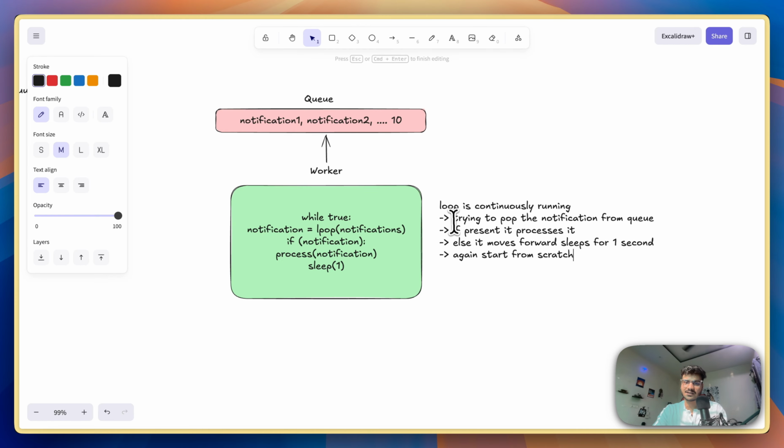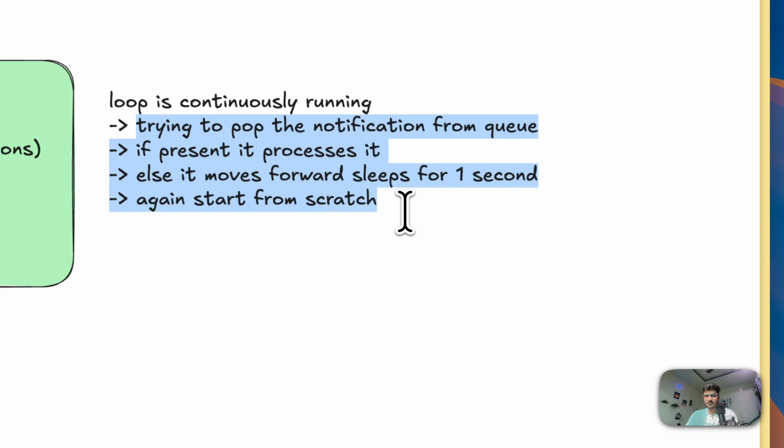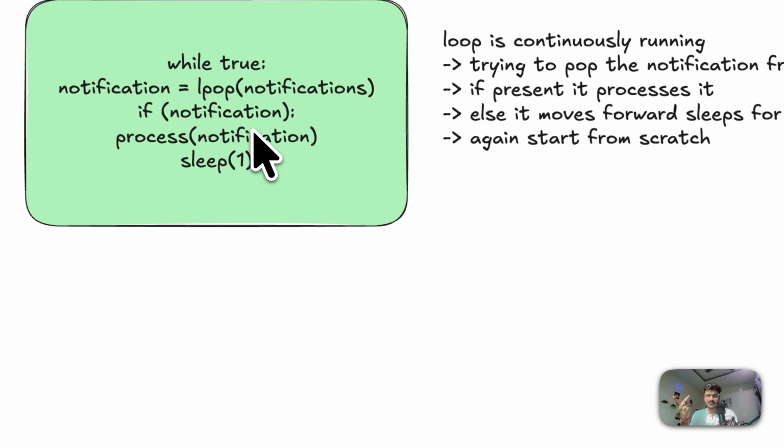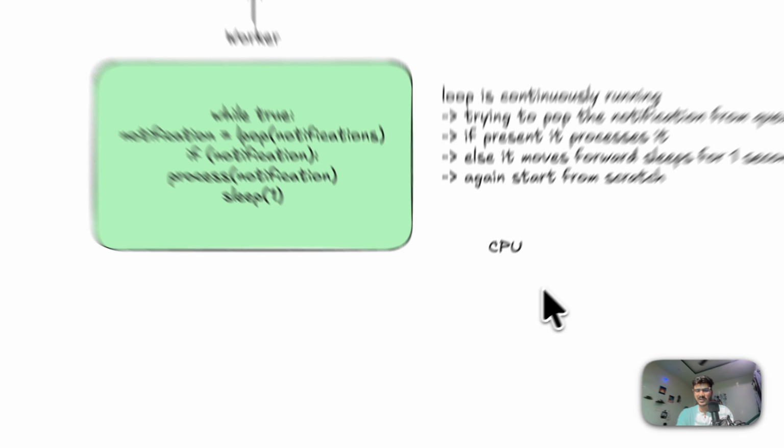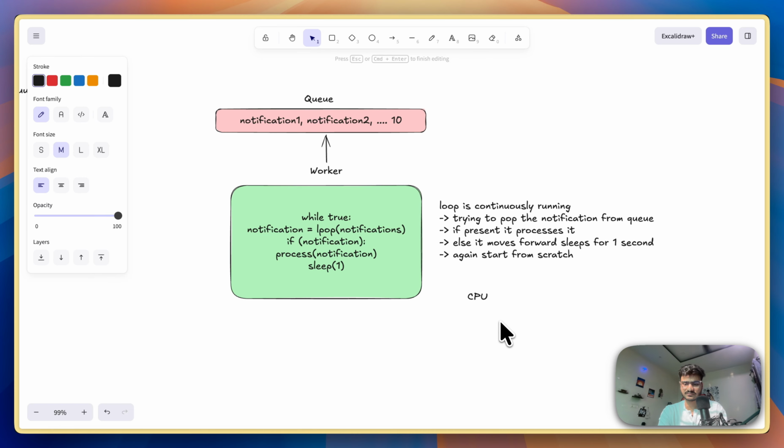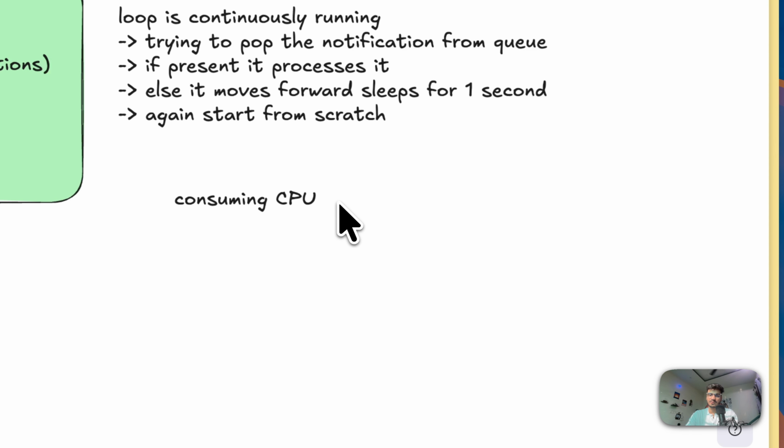Basically it will again do the same operations after 1 second. So this loop is continuously running, it's not stopping at all. So what's happening is it's consuming a lot of CPU, right? So you are consuming a lot of CPU in this worker, along with memory, right?